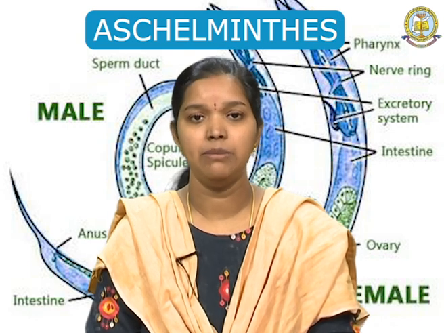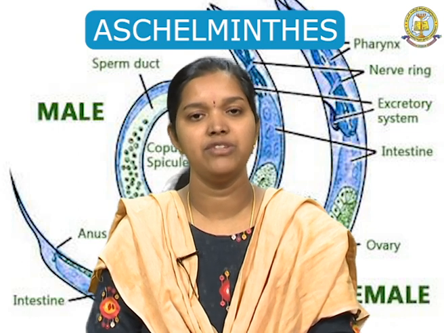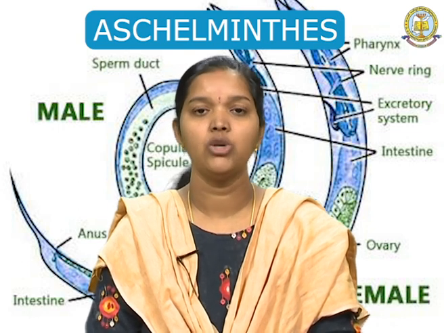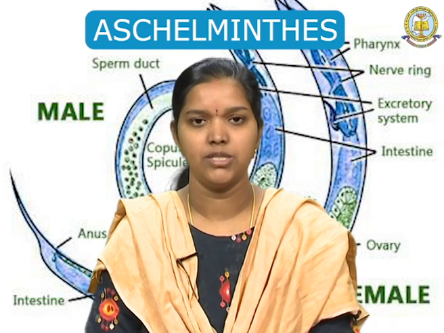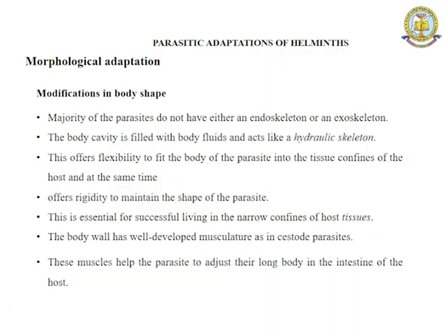So, how have these helminths adapted various morphological, anatomical and physiological adaptations to survive inside the host? First, we will discuss the morphological adaptation, that is, the modification in body shape. Usually the parasites lack an endoskeleton or exoskeleton because they have to survive inside the host.